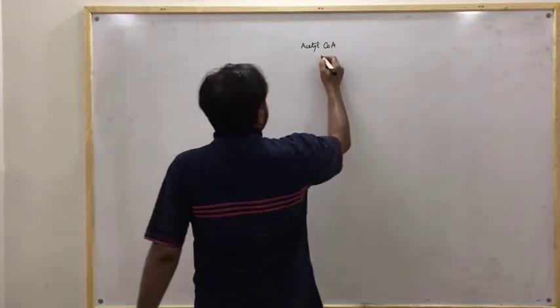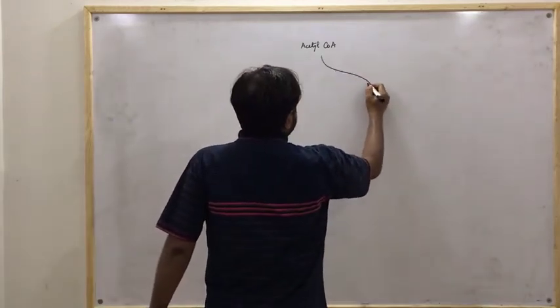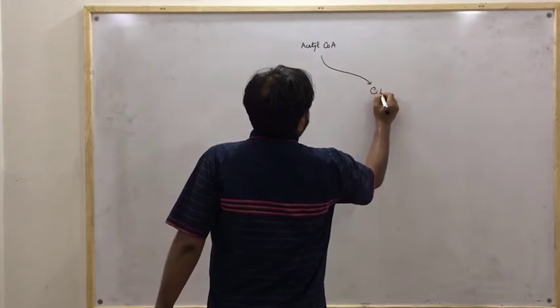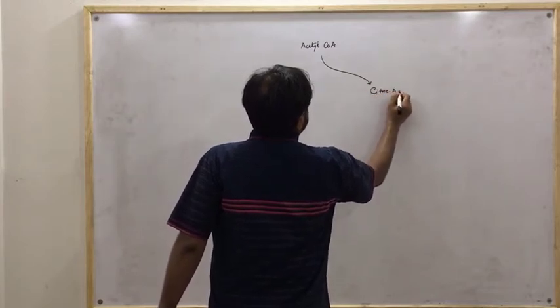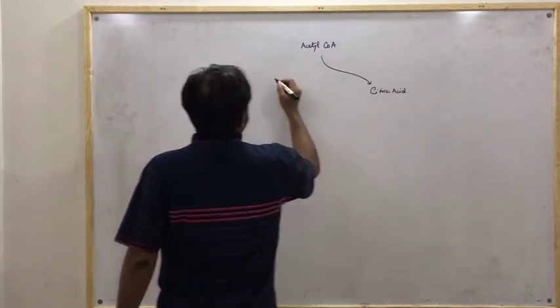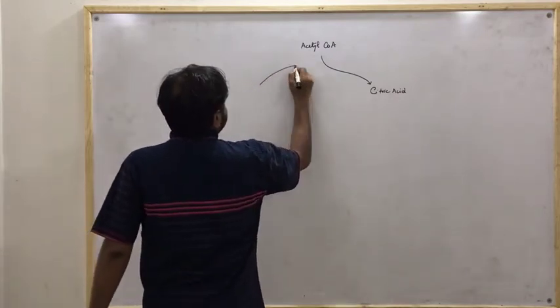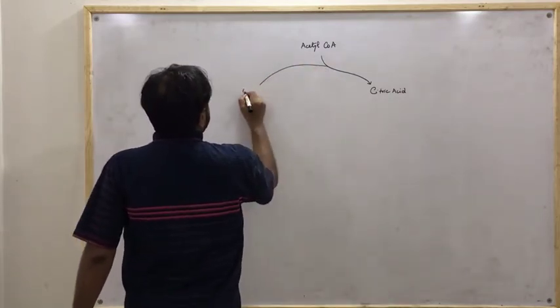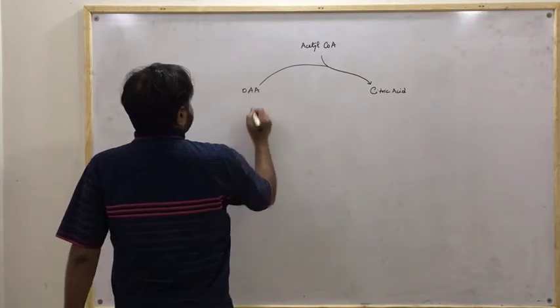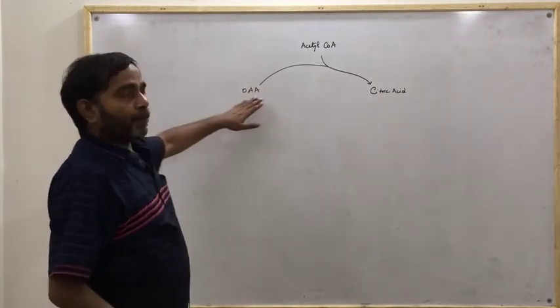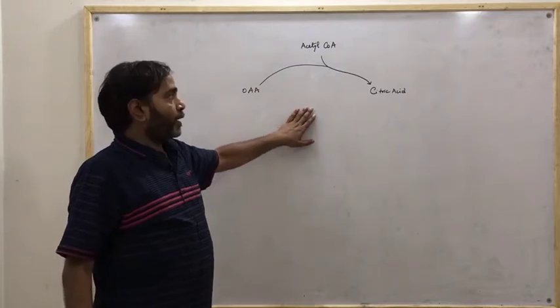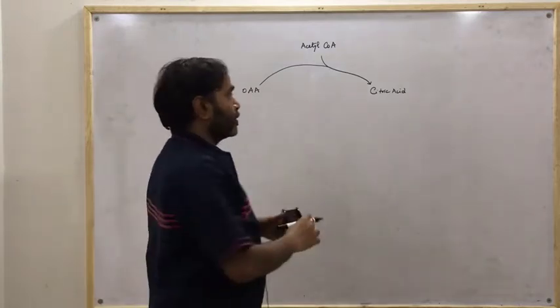So it will first form citric acid, and here we know that oxaloacetic acid will combine with acetyl CoA and citric acid will be produced.